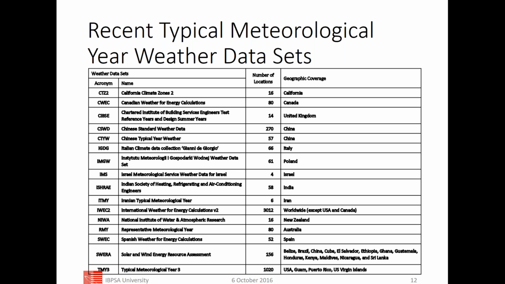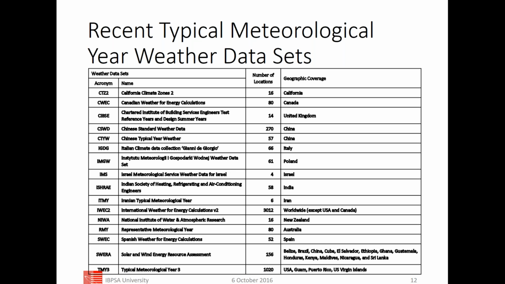Canada has a set, CWEC, that has 80 locations, but I understand there's another data set coming that has 400. CIBSE, the Chartered Institute of Building Services Engineers in the UK, has a set of data, and also reference years, which are similar to the TMY, as well as more extreme design years for summer conditions and future years as well.